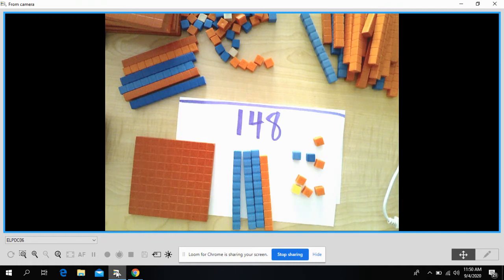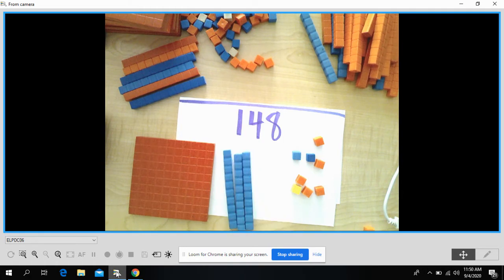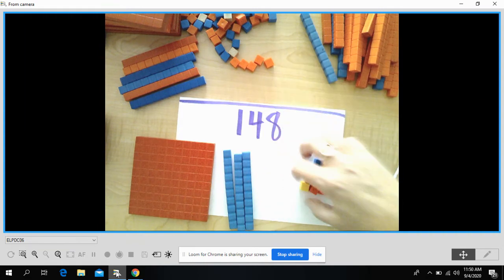So I've represented 148. But what if I want to make it a different way? What if I would like to break down my numbers and represent 148 a different way? What if I took away a 10? Well, I can't just take it away and not replace it with anything. I would need to replace the 10 that I just took away with 10 ones.